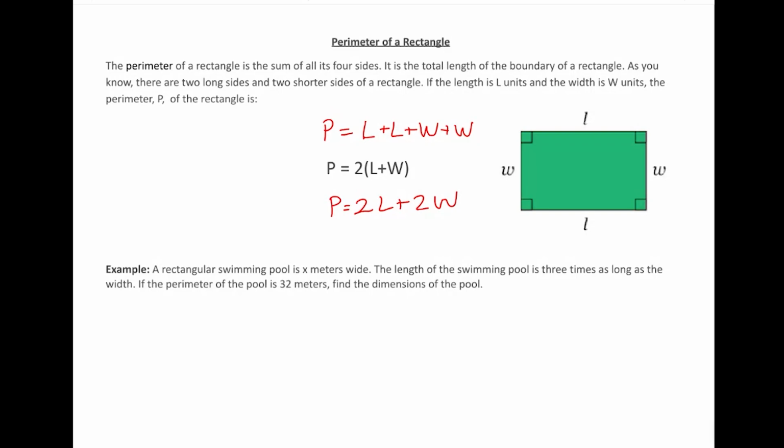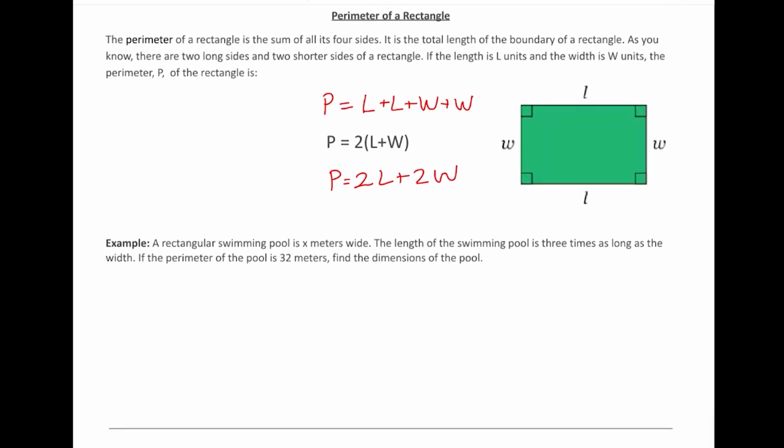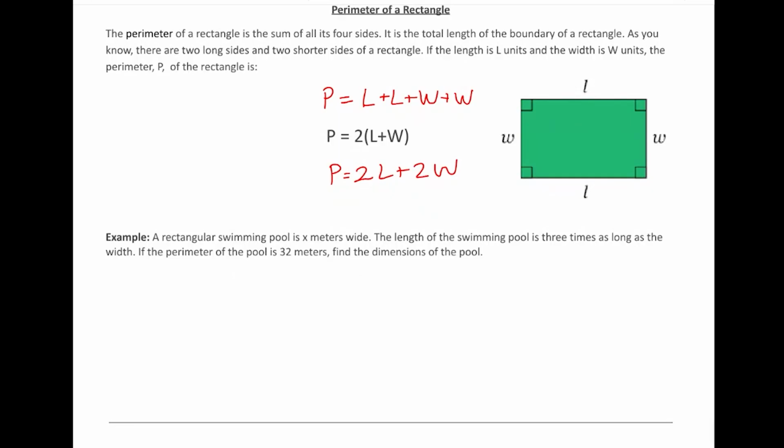I don't really want you to memorize an equation for this. I'd much rather you just understand how to find perimeter in general, which is just to add up all the sides. So one of the TSIA2 math problems that you might come across is going to be kind of like this next example, where it says a rectangular swimming pool is x meters wide.